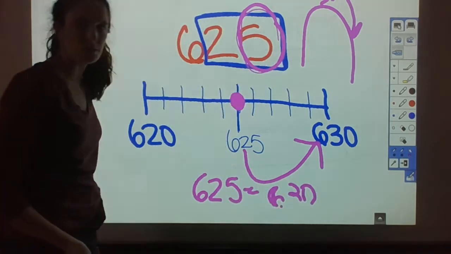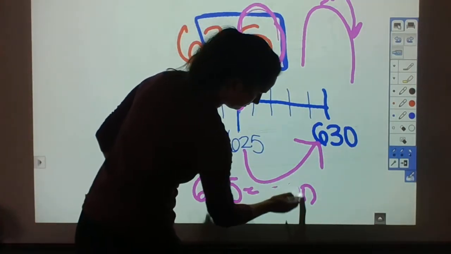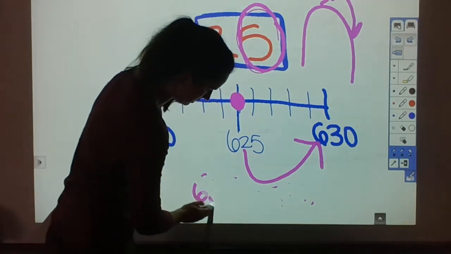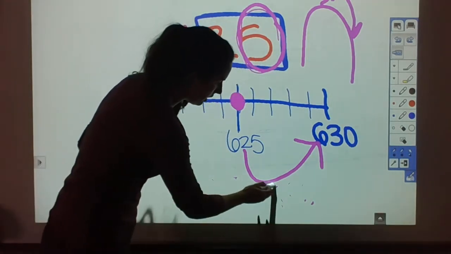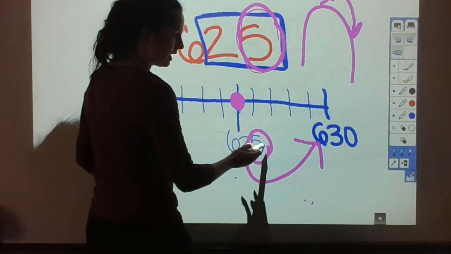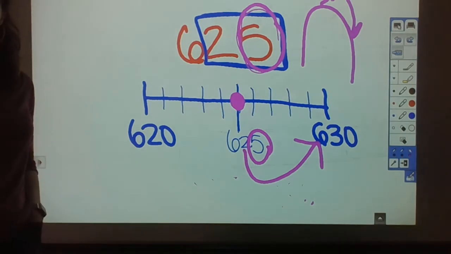Looks like my board on the bottom is not writing. Let me try that again. Sometimes when it gets to the very bottom of the screen, it doesn't like to work. But we know that the 5 in the ones place is going to round up to 630 when rounding to the nearest 10.